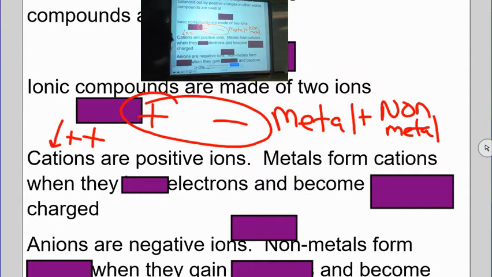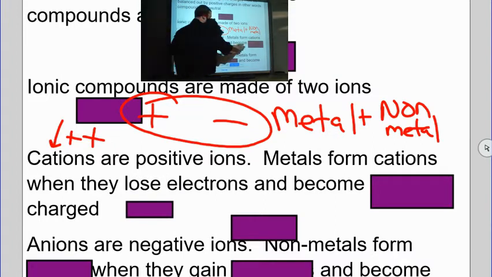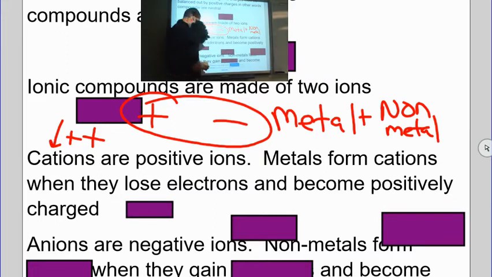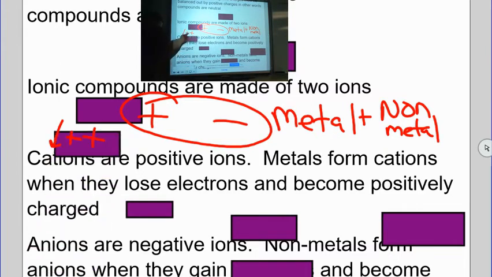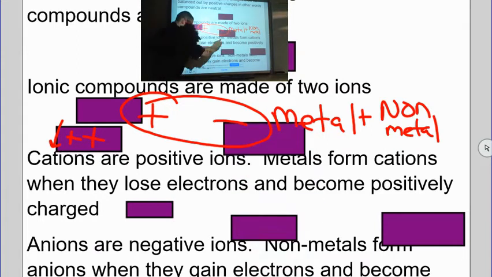So metals form cations when they lose electrons and become positively charged. Anions are negative ions. Nonmetals form anions when they gain electrons to become negatively charged. So cations are metal ions and anions are nonmetal ions.